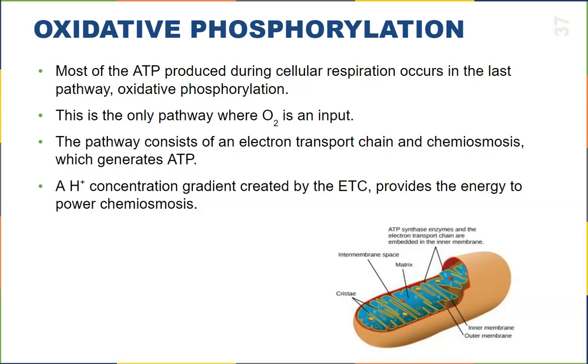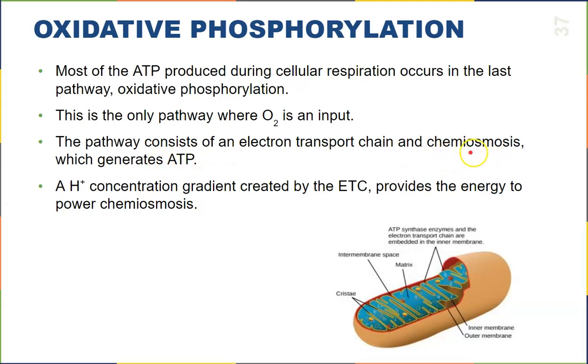The pathway here consists of an electron transport chain with different proteins, and then the final portion is chemiosmosis, which makes ATP. Chemiosmosis is different from the way that we've been looking at so far for making ATP. Normally we've been breaking chemical bonds and capturing that energy to make ATP. That's called substrate level phosphorylation.